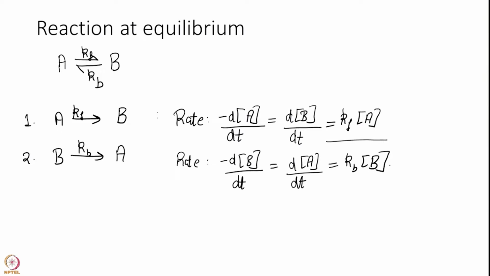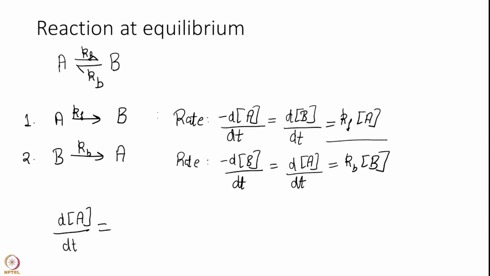Okay. Now, if I want to calculate dA over dt, how do I calculate that? The idea is we need to add the corresponding elements in the two equations. So, we look at the first equation.